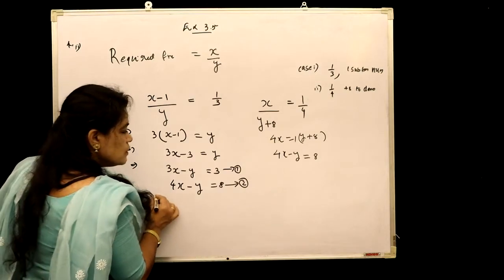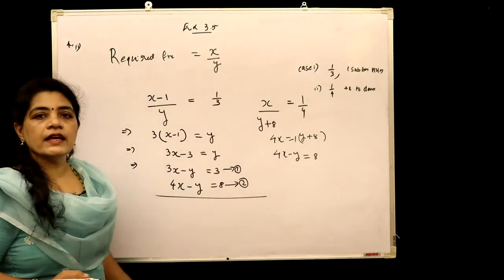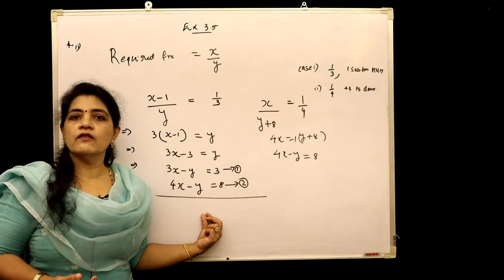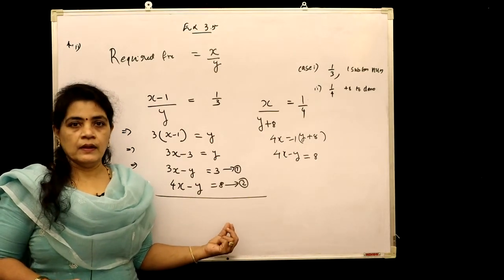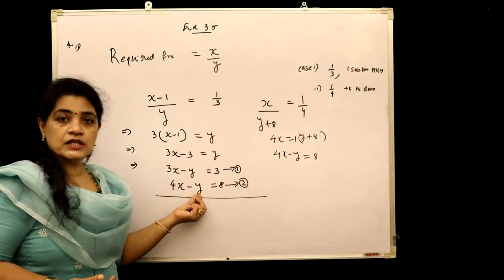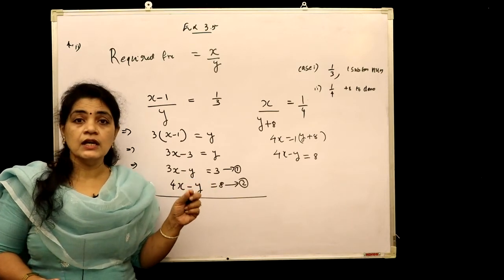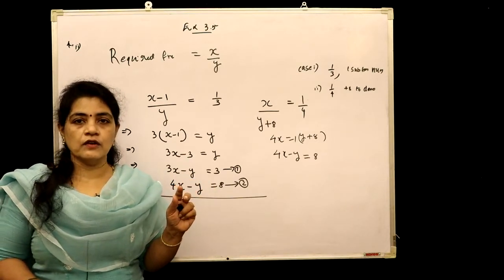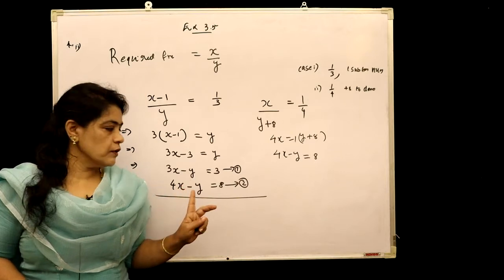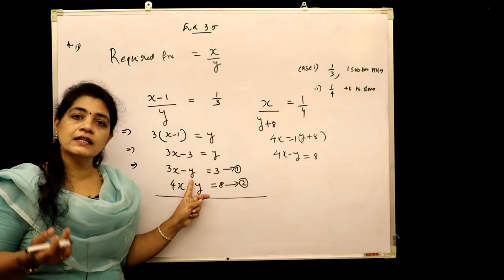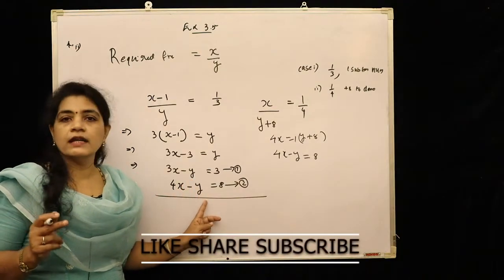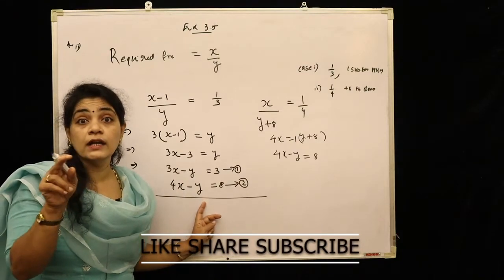So, see, children, here also we can easily eliminate the variable y. That means when we are eliminating, you see that the coefficient of the variable is the same, because in equation 1, that is minus 1, here also minus 1. Minus 1 is negative 1 into y.